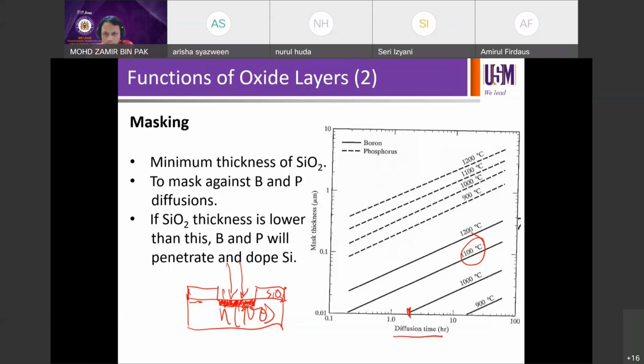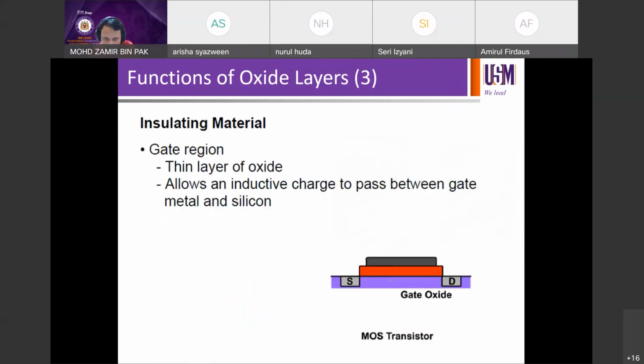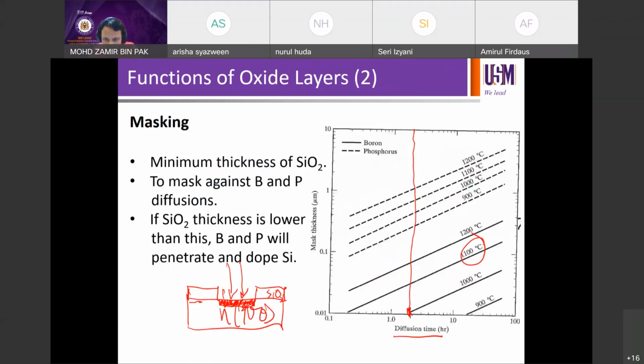So put that to lebih kurang, tak baris eh. So 1100. So that means, yeah, somebody's joining. Okay, so take that to the y-axis, 1100 degrees C. Yep, so how much? 0.03, right? 0.03 micron.